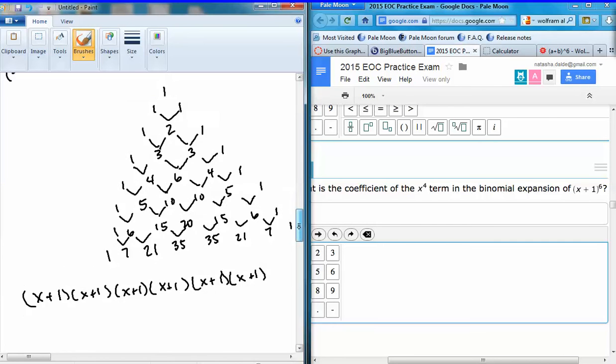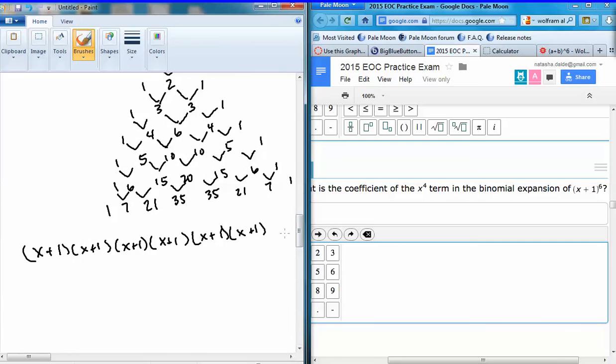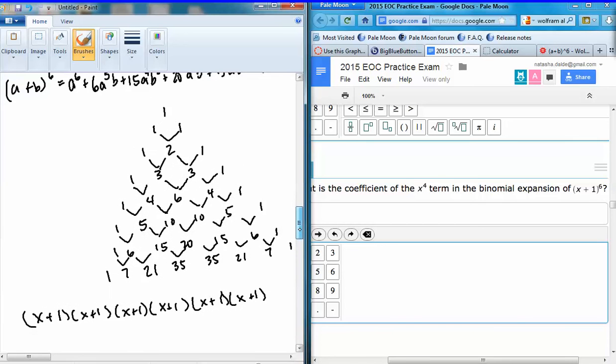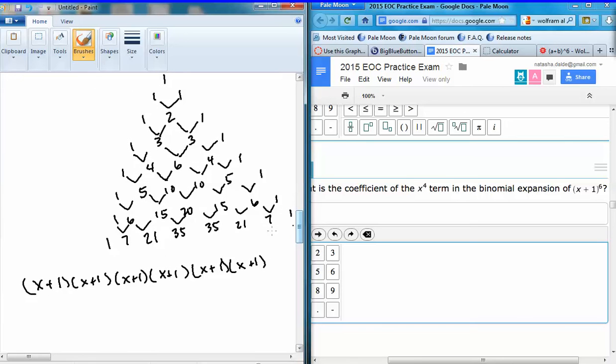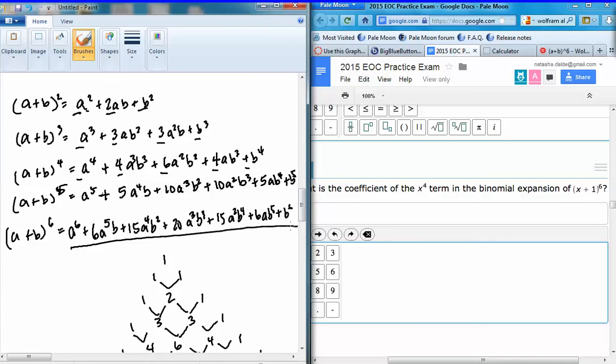But what I would do is I would say, okay, well, let's see. X plus 1 to the 6th power, this is going to be my coefficients: 1, 6, 15, 20, 15, 6, and 1. See, I'll show you right here. And in this case, my a is the same as x, and my b is 1. So this would be x to the 6th plus 6x to the fifth power times 1.